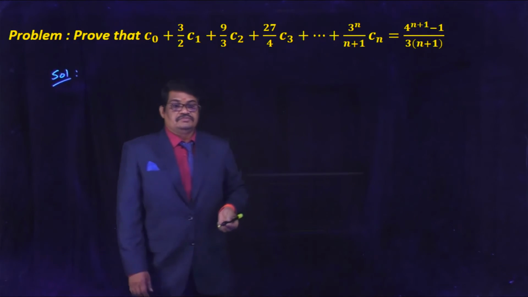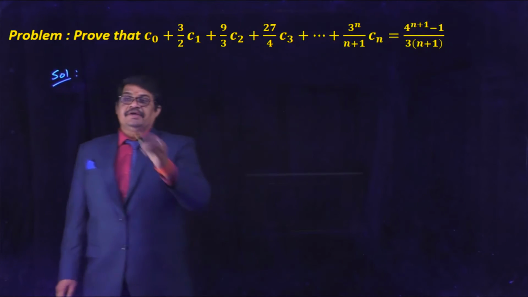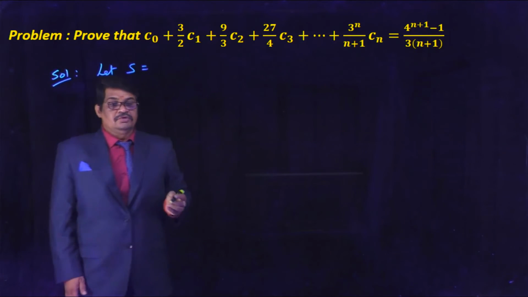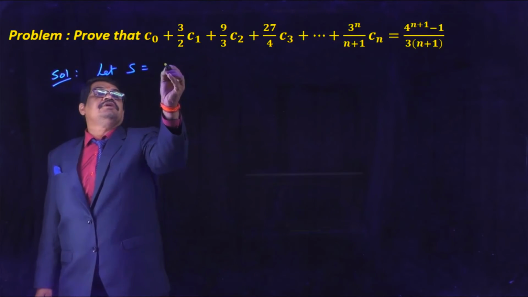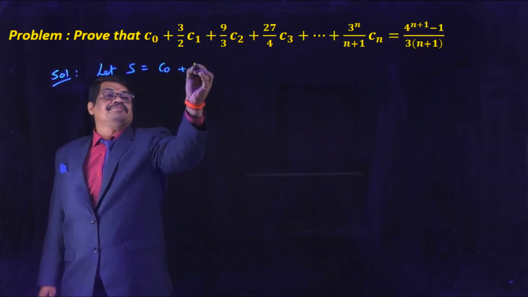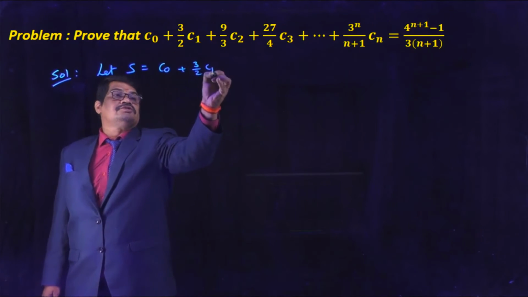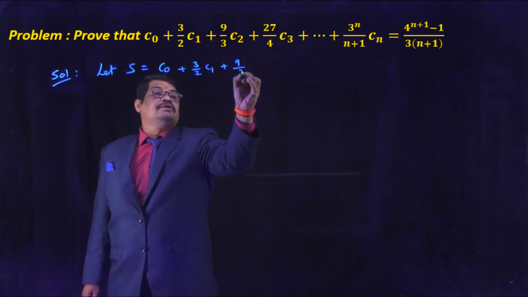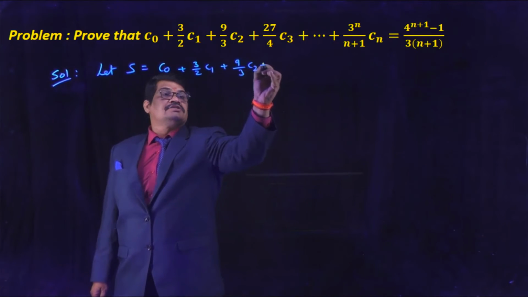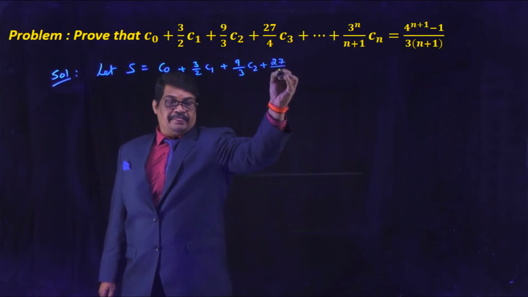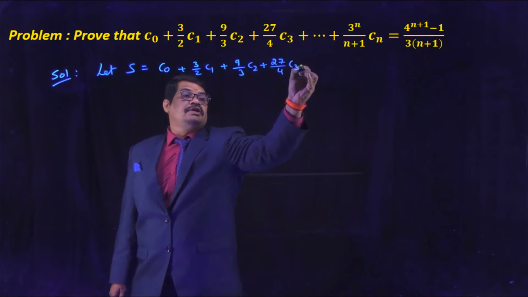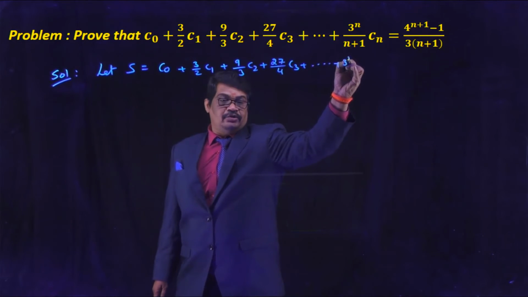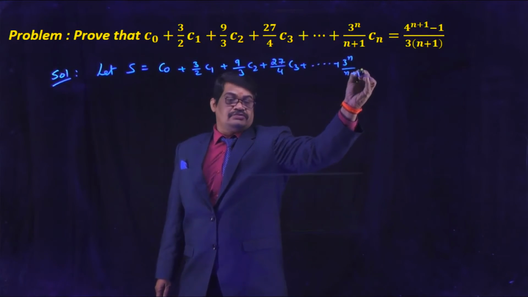We take the LHS as S. Let S be equal to the LHS, that is C0 plus 3 by 2 C1 plus 9 by 3 C2 plus 27 by 4 C3 and so on, the last term being 3 to the power of n by n plus 1 Cn.